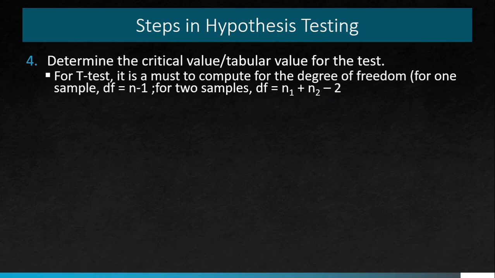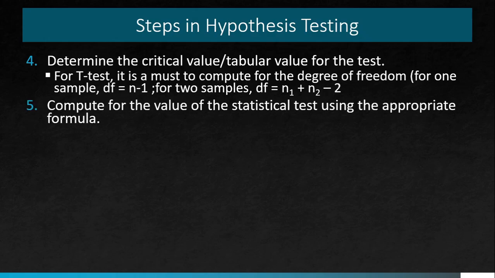So don't worry, we'll be having an example of this particular step when we proceed towards the computations. Okay, but again, the summary is that for step 4, you need to identify your tabular value. That's your main goal. And then step 5, you will now compute. You will identify your computed value using the statistical test that you have identified.